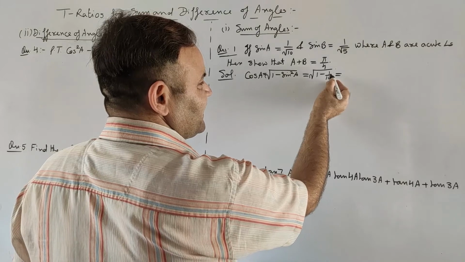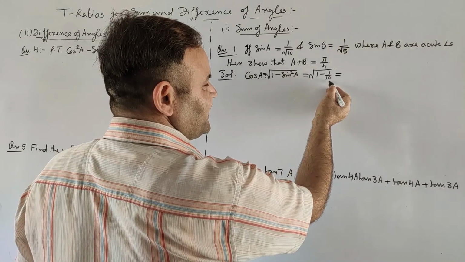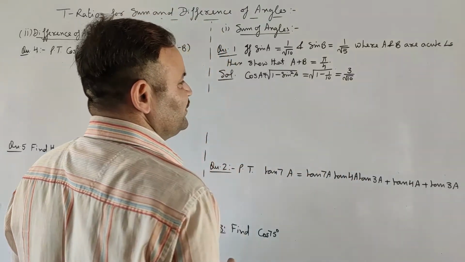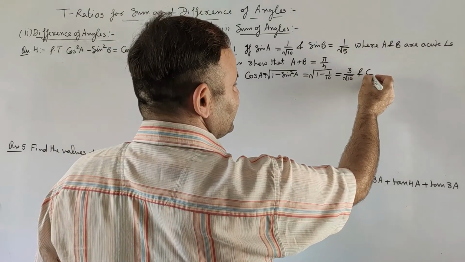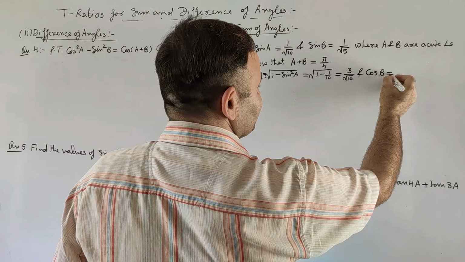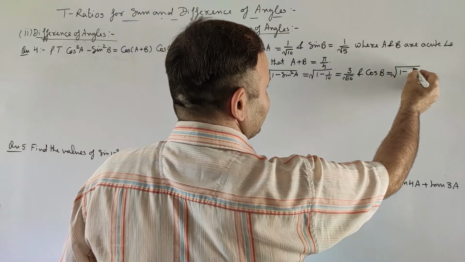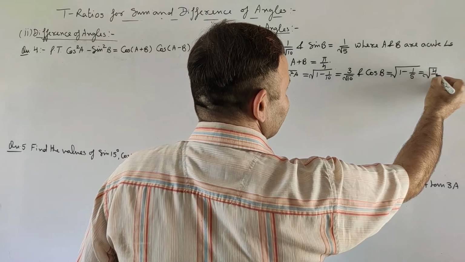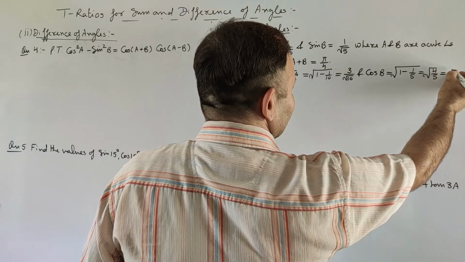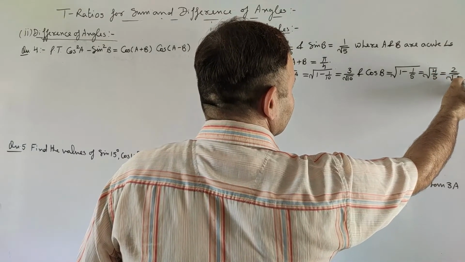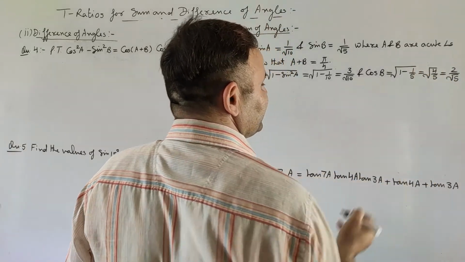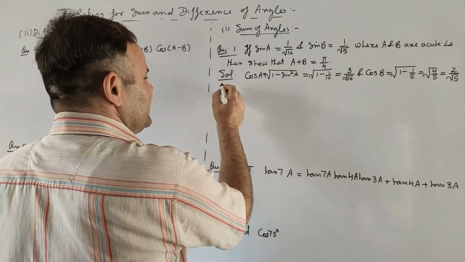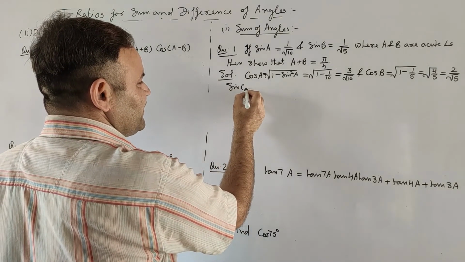So 10 minus 1, 9, 9 by 10, so 3 by root 10 will be the value of cos A. And similarly, cos B will be under root 1 minus 1 by 5, that is root 4 by 5, and root 4 by 5 means 2 upon root 5. So after getting the values of cos A and cos B, we will find out sin A plus B.